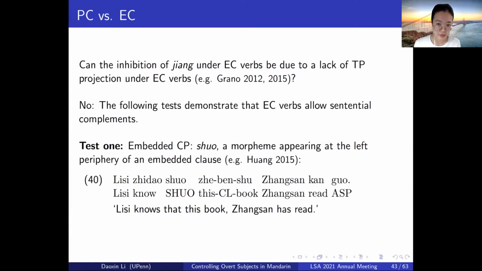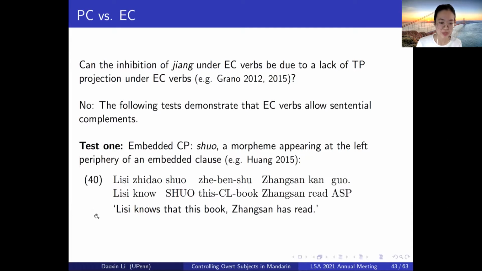A possible answer could be that maybe there's no TP projection under exhaustive control verbs, since it has been demonstrated that exhaustive control verbs can take VP complements. But we will show this is not the answer, and we'll use two tests to show that exhaustive control verbs allow sentential complements. The first test involves the morpheme 说, which appears at the left periphery of an embedded clause.